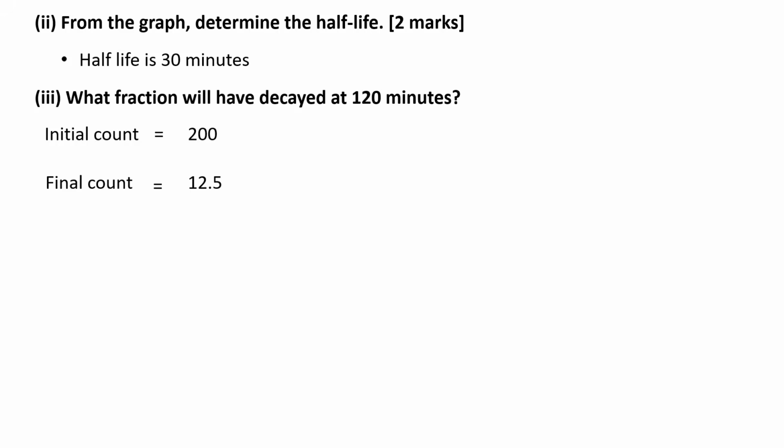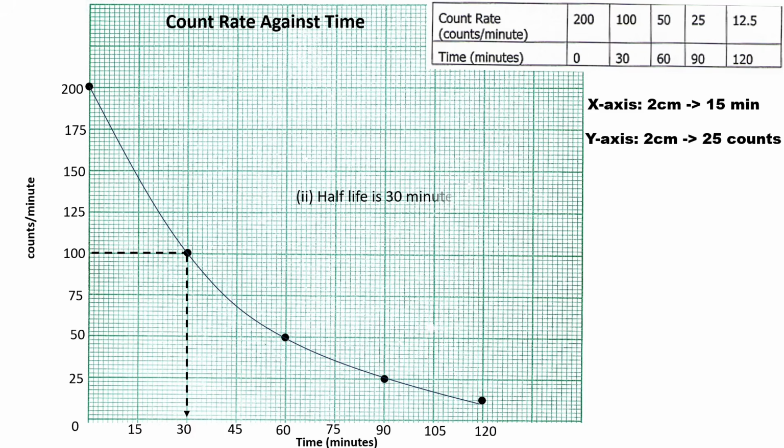Let me go back and show you where I found 12.5. So you see, after 120 minutes, the count is at 12.5. That is the final. The initial count was 200, then the final is 12.5. That's where I'm getting those values. Okay.